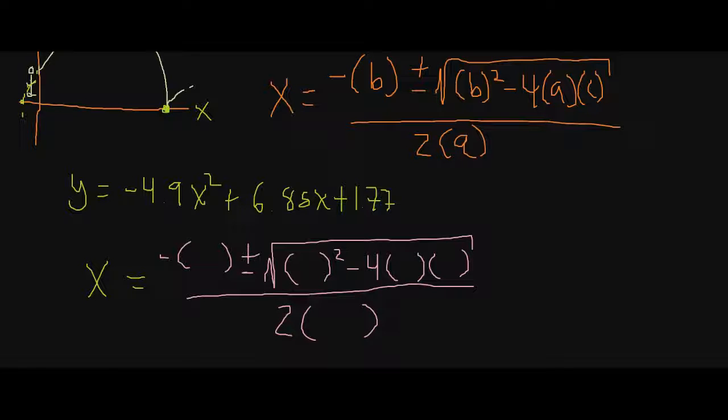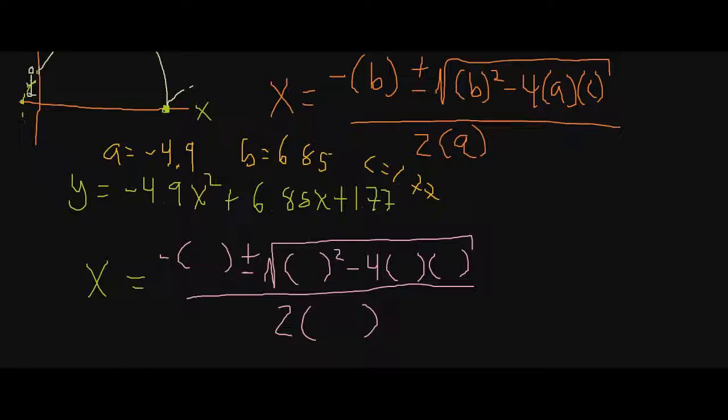The a variable comes from the first term, so a is negative 4.9, b is equal to 6.85, and c is equal to 1.77.